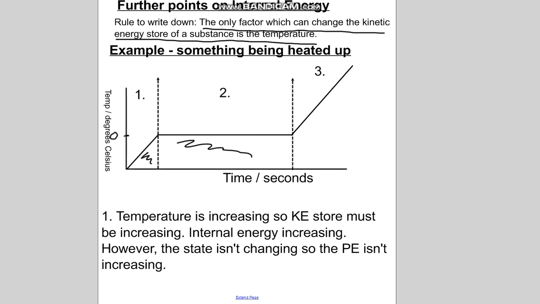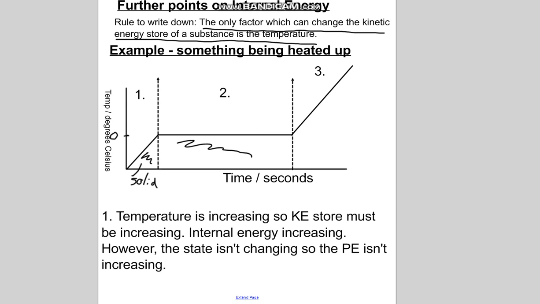So let's break it down in terms of what you should know already about changes of state. Firstly, the first section here. What you've got is the substance as a solid. So in this case it would be ice, and heating is happening and energy is going into the system, and that means that at this stage the temperature is going up.